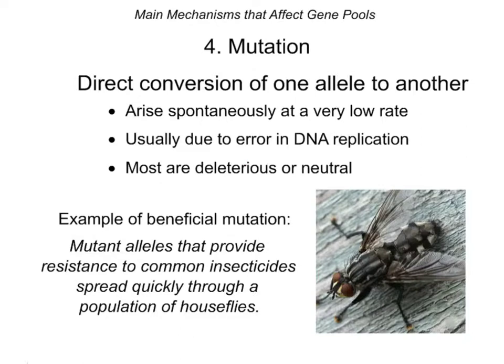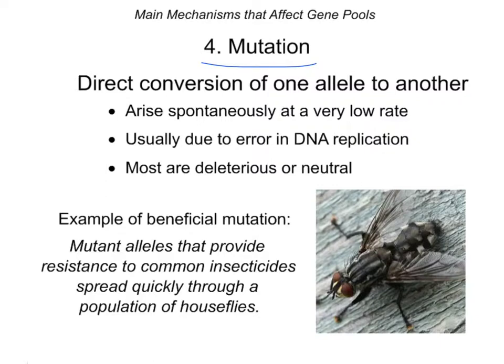Another mechanism that affects gene pools, mutation, definitely affects gene pools. Mutation is just the direct conversion of one allele into another. Mutations usually arise at a very low rate. They're spontaneous. They're not predictable. They are usually due to a DNA replication error. And they usually are deleterious, or they can be neutral.